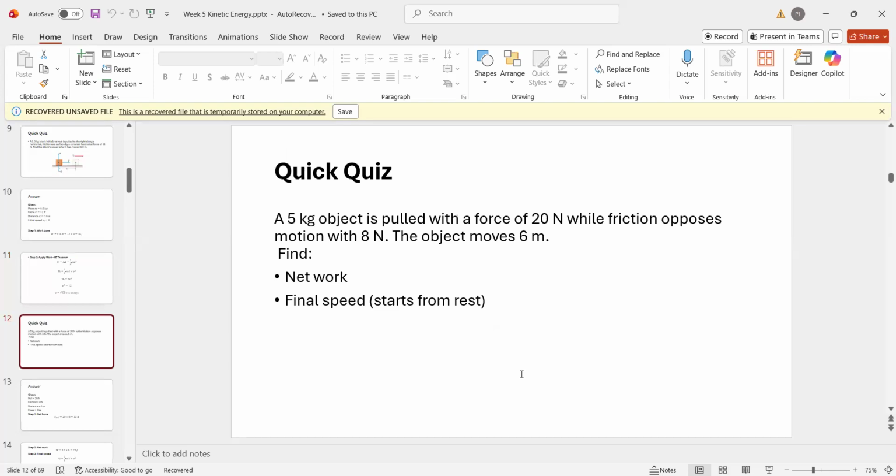So let's look at another question. A 5-kilogram object is pulled with a force of 20 newtons while friction opposes the motion with 8 newtons. The object moves 6 meters. Find the net work and find the speed if you start from rest.